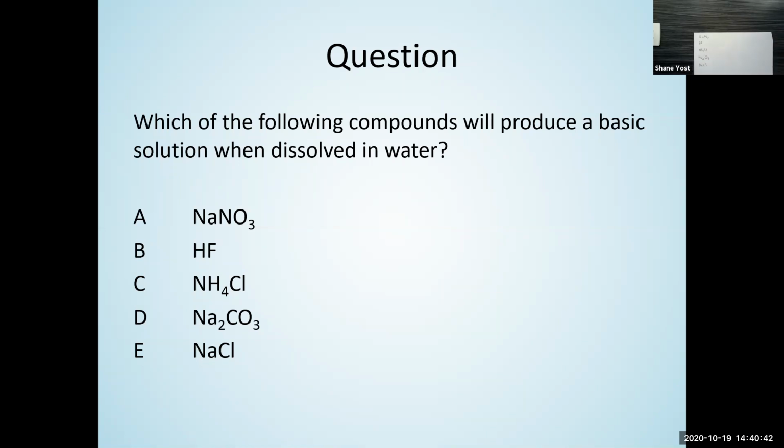Anyone have any thoughts? Which one of these salts or compounds will produce a basic solution? People are saying A or D here. Anyone else?